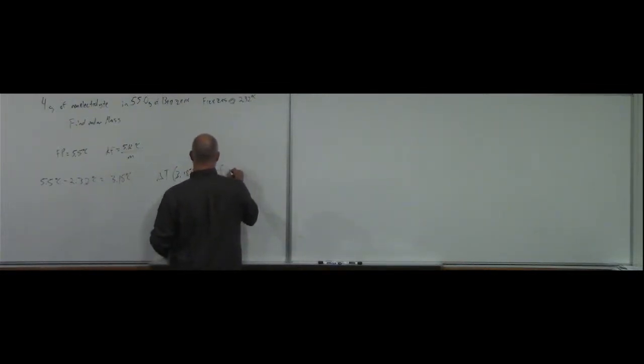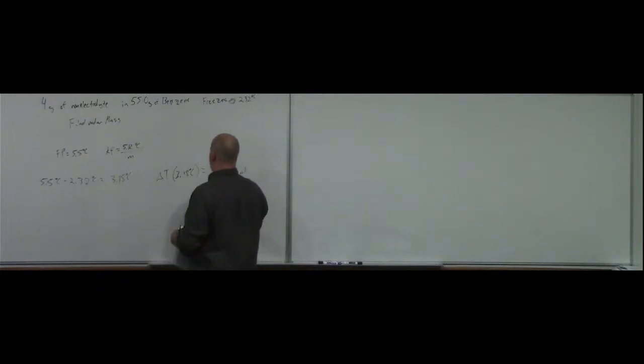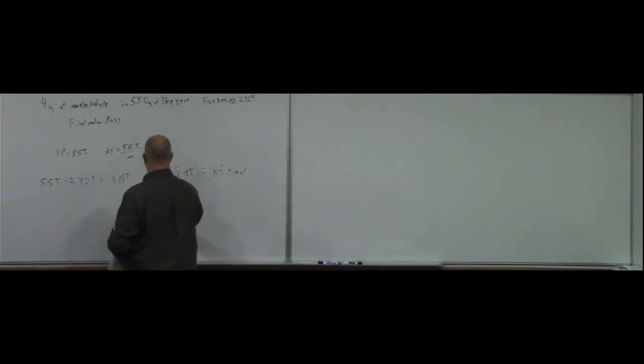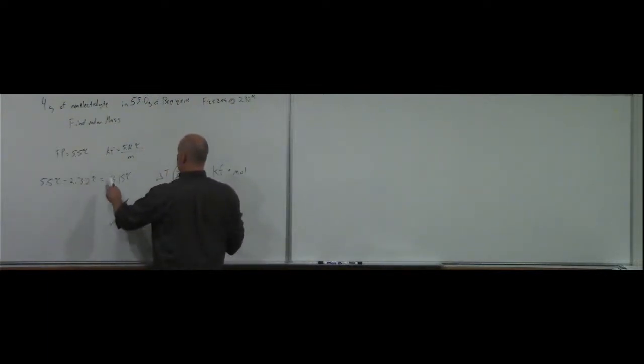is equal to my Kf times my molality, right? So my 3.18 degrees centigrade equals my Kf, which is 5.12 degrees centigrade per molal, times my molality, which I don't have yet. I'm trying to ultimately work with this.